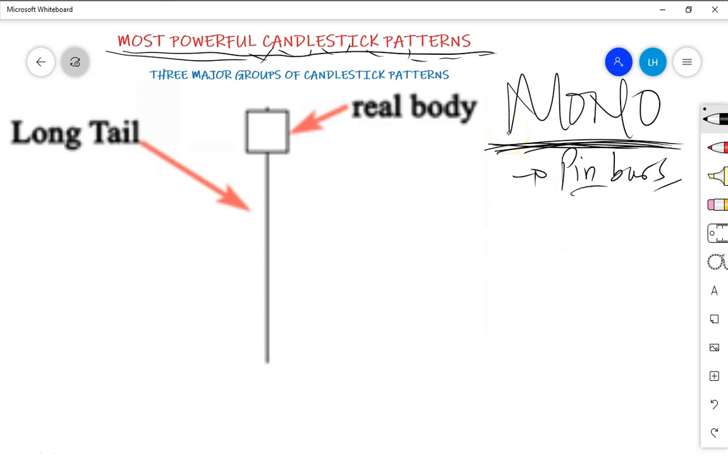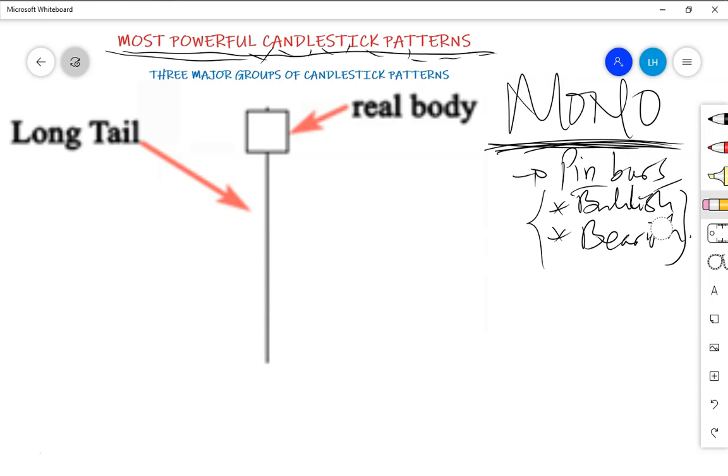So we can have those categories. I write some things there. We have a bullish, and then we have a bearish pin bar, but all of them are pin bars. Now what we see here is what we call a bullish pin bar. A bullish pin bar usually shows a bullish momentum.